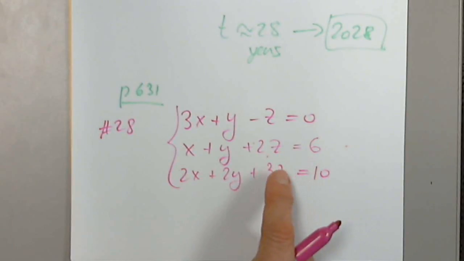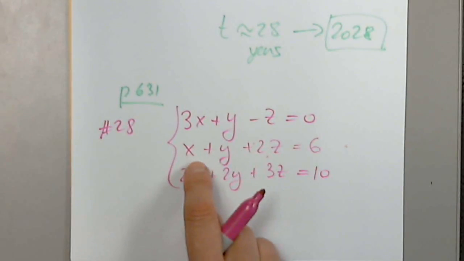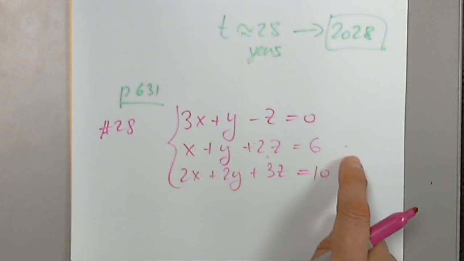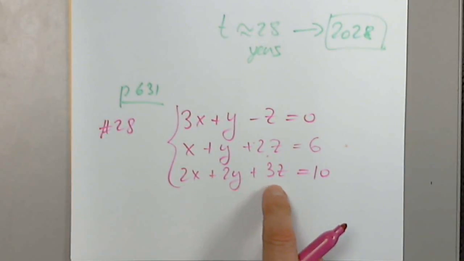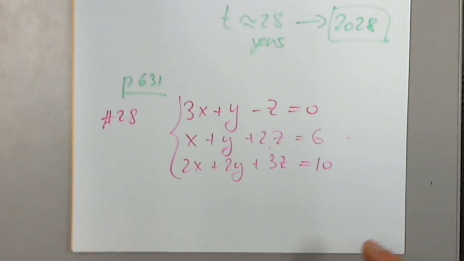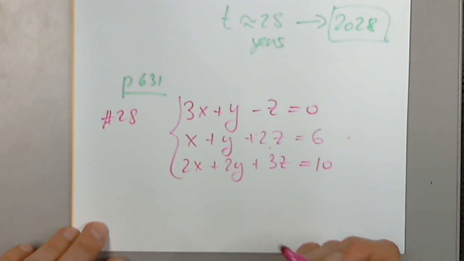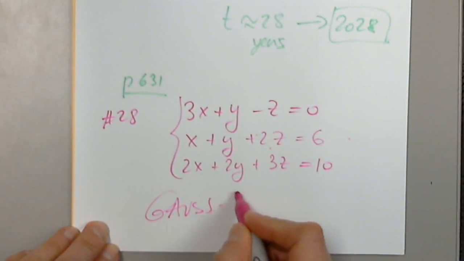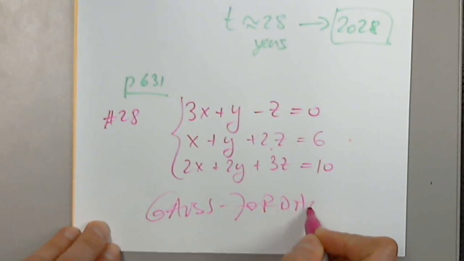Let me make sure that I copied it correctly. Sometimes I copy one equation from one problem and an equation from another. Okay, x plus y plus 2z equals 6. Yes, correct. 2x plus 2y plus 3z equals 10. Yes. So we are asked to solve the system using Gauss-Jordan elimination.